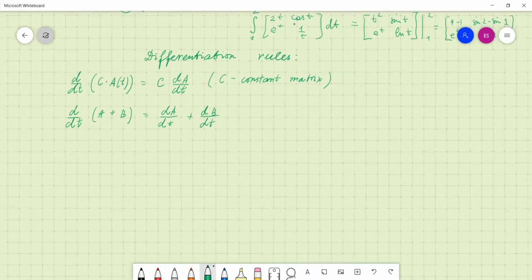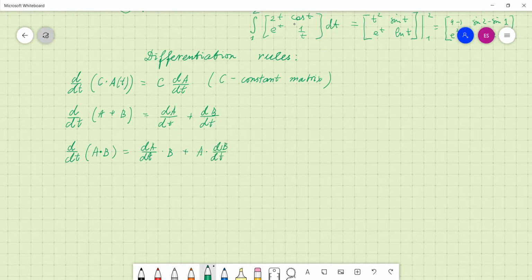Well, for product rule, a little complication. Remember that the product rule is going to produce a product of derivative and the function, right? That's a product of two function matrices. So you differentiate the first matrix and multiply by the second, plus you copy the first matrix and differentiate the second.